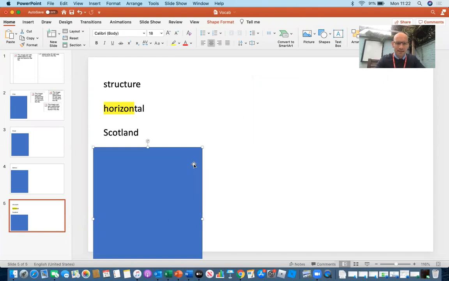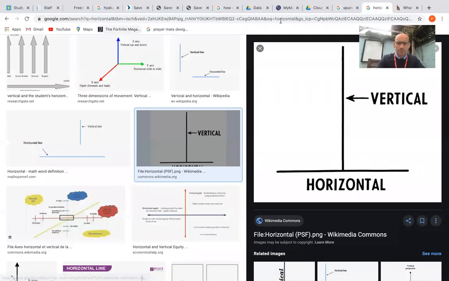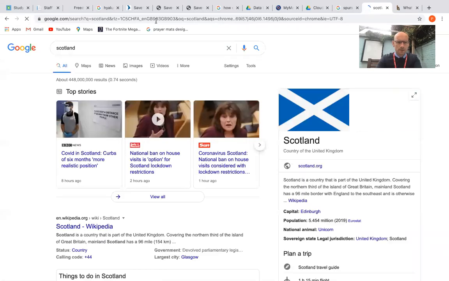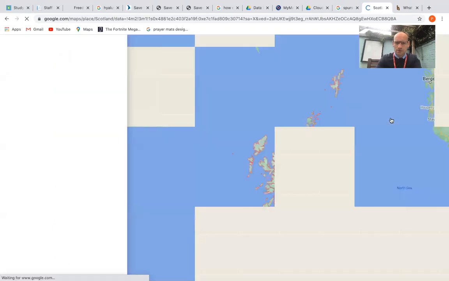Scotland. Okay, so I'm thinking that this word might be a name because there's a capital and land. It's a name of a country, I'm thinking. So let's just type in Scotland and see what comes up. Okay, here we are, Scotland. Country of the United Kingdom, and there's a picture there as well of Scotland.